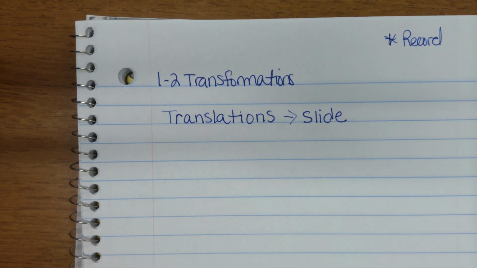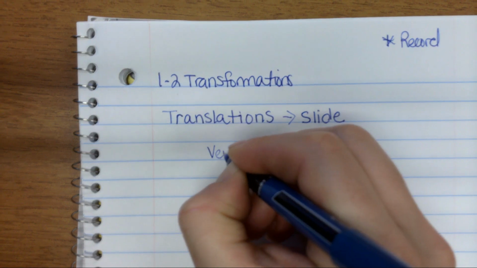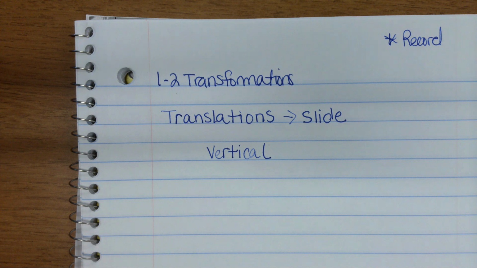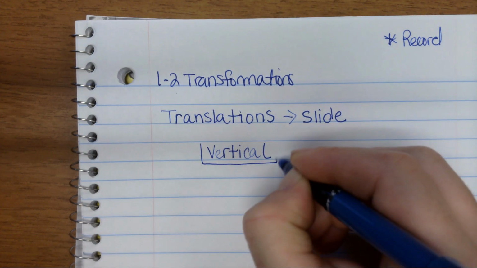Let's summarize what we just saw. Vertical. What happens when you see a vertical translation or slide is we start with our function f of x.